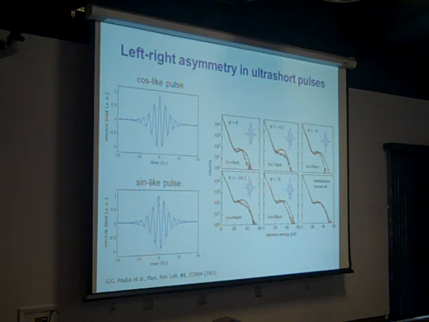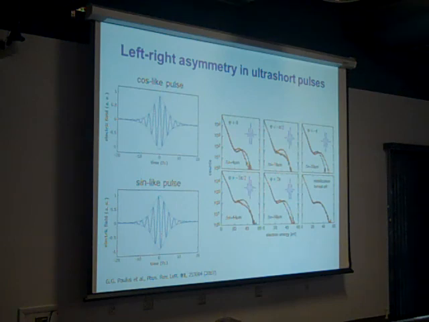So there is a certain phase between the oscillation of the electric field and the envelope, which is called the carrier envelope phase. Now, if you have a very long pulse, this carrier envelope phase does not play a role because the amplitude of your oscillations is changing very, very slowly.